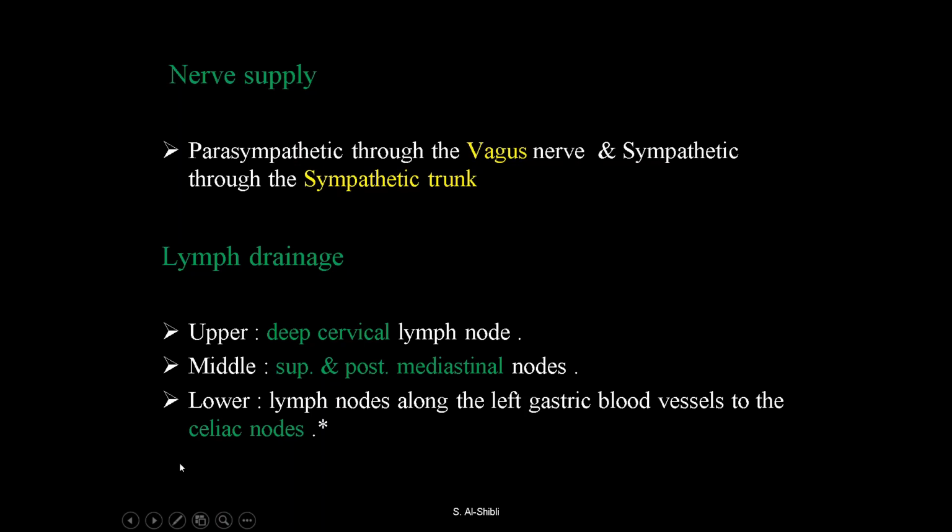Why? Because the celiac node is not in the thorax, it is in the abdomen. Okay, so dividing the esophagus into three parts and understanding the blood supply, the nerve supply, and the lymphatic drainage is of crucial importance to understand the problem.